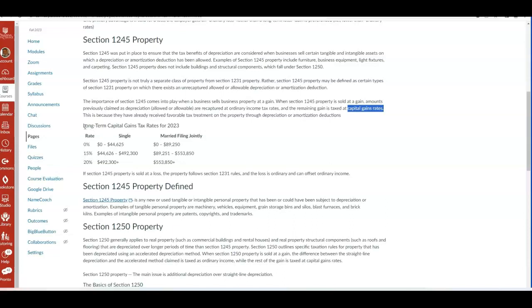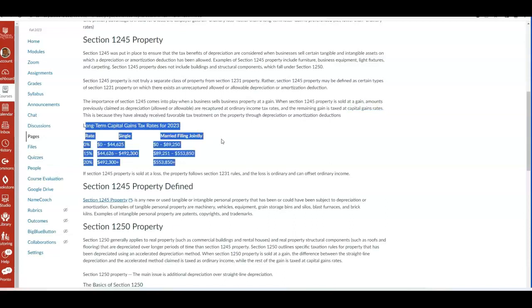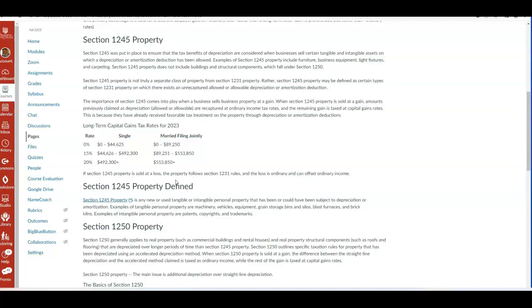Just so you know, for this year, 2023, I have the following tables for you to look at. The 0% tax rate applies to people who have lower income: single up to 44,000 and married up to 89,000. But if your income as a single is more than 44,000, you get the 15% tax bracket, which most people fall in.